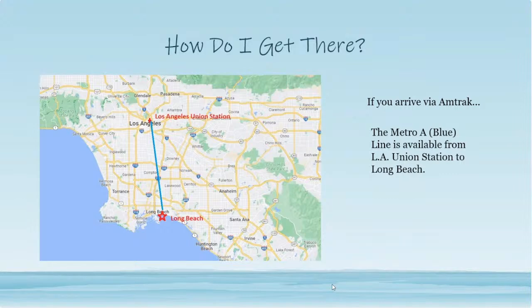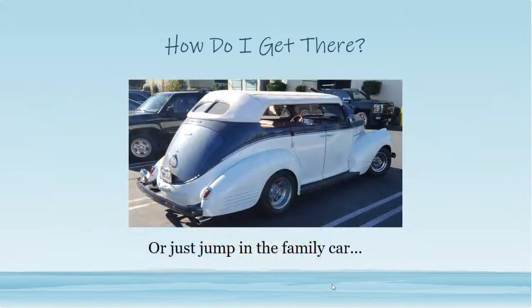There's a flyway bus from LAX to Union Station that leaves every half hour, and it can get you to Union Station for $9.75. Or of course, you could always just jump in the family car and drive on down.